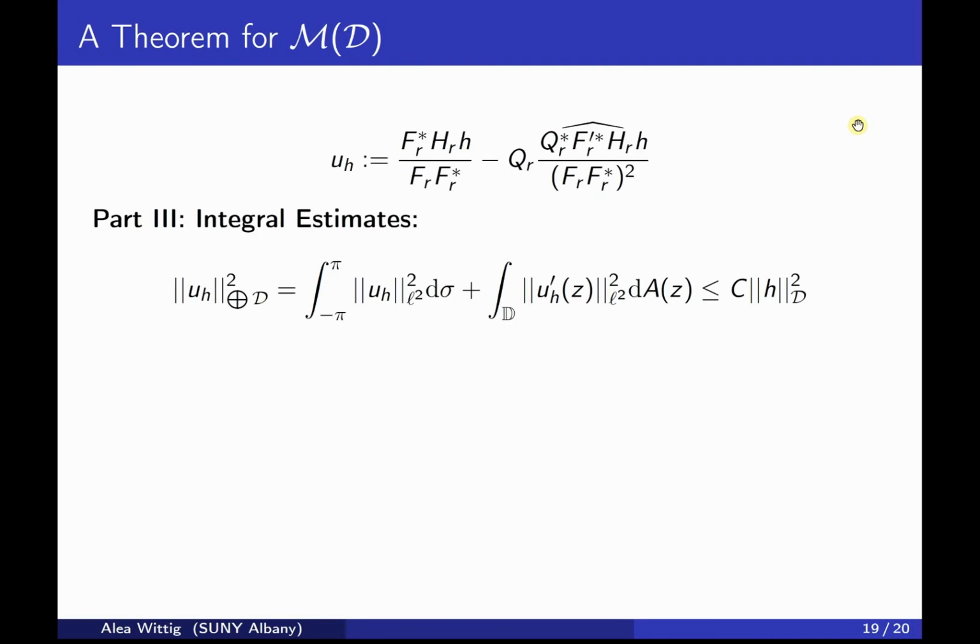So with UH defined, we can move on to part 3, which consists of a lot of integral estimates. Again, we are looking at this L2 Dirichlet norm here, which is the same as the Dirichlet norm, replacing absolute value with L2 norms, and a lot of lemmas that will show this boundedness, right?